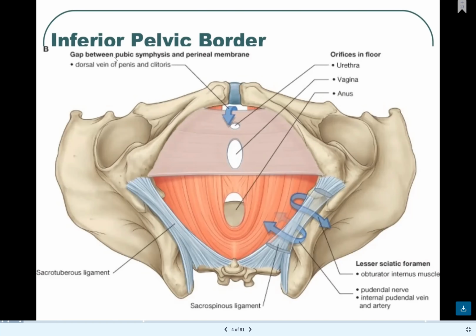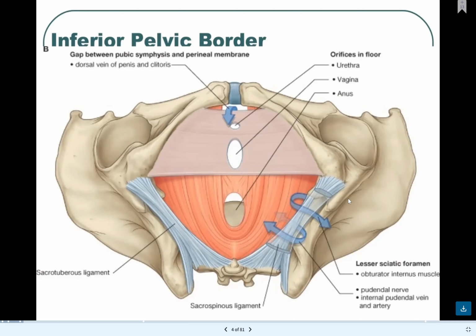Now listen, the gap between the pubic symphysis and the perineal membrane is the inferior pelvic border. This is the pubic symphysis, and the perineal membrane is somewhere here, and this whole place will be the inferior pelvic border, and below it we have the perineal cavity.